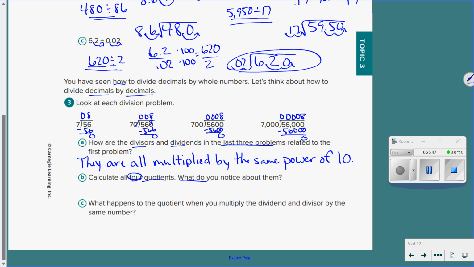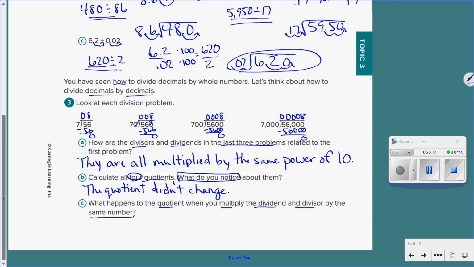So when we calculated all four quotients, what do you notice about the quotients? What was the quotient every time? 8. Did it change? No. The quotient didn't change. What happens with the quotient when you multiply the dividend and divisor by the same number?